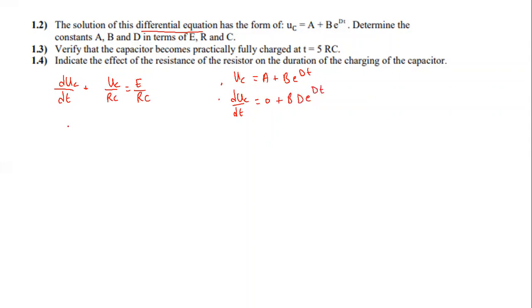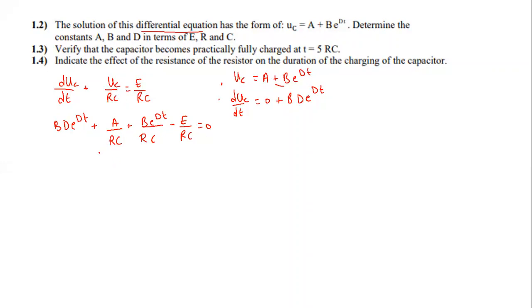Now we substitute. We get B d exponential dt, plus UC, where we put all this part: A over RC plus B exponential dt over RC, minus E over RC is equal to 0. Now what do we do?